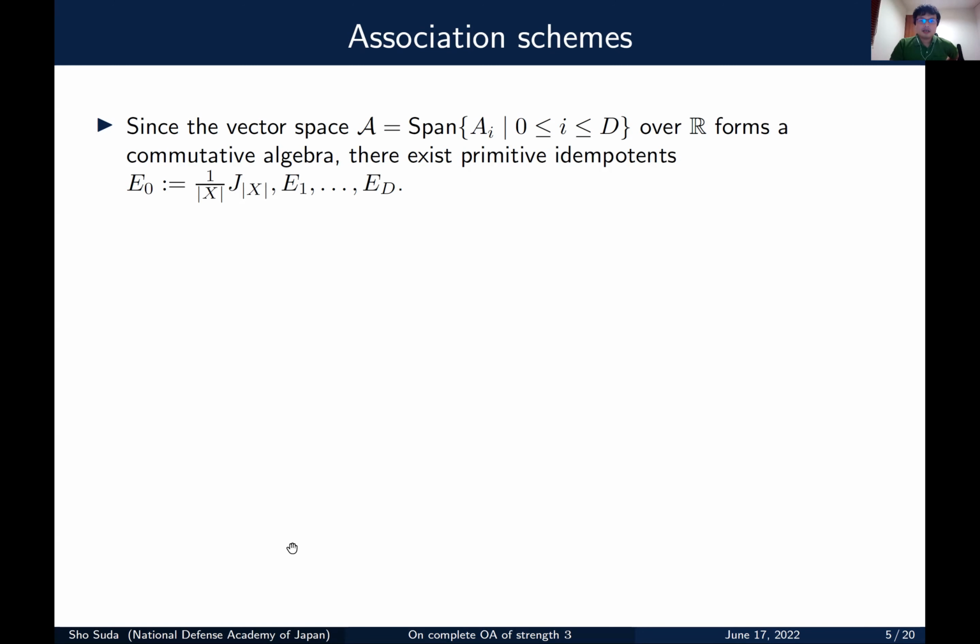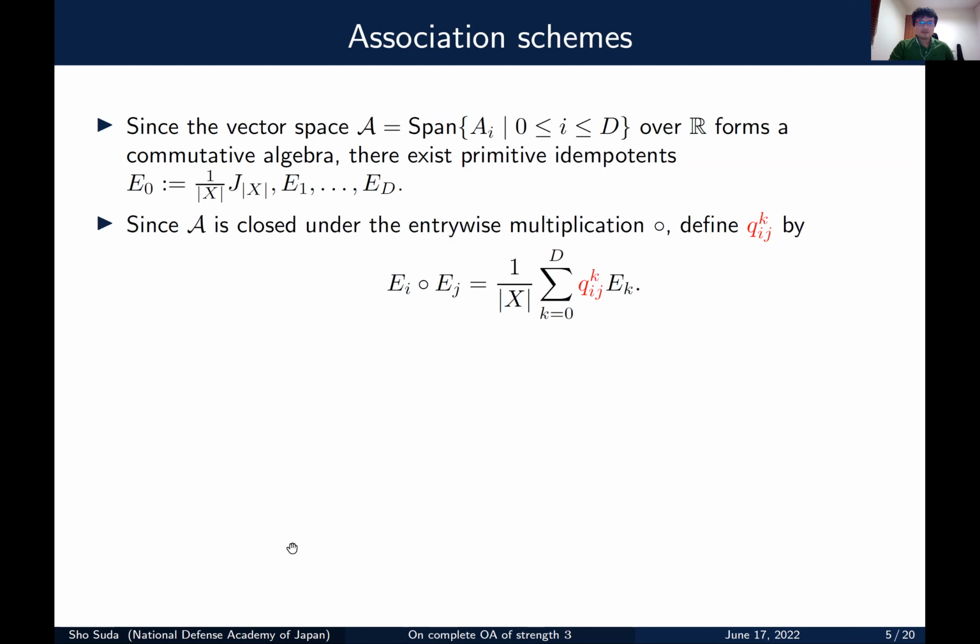And this algebra has primitive idempotents E_i. They are the same as the orthogonal projections onto the maximal common eigenspaces of the adjacency matrices. In this algebra, we have two important parameters. One is the Krein parameters, denoted by q_ij^k.